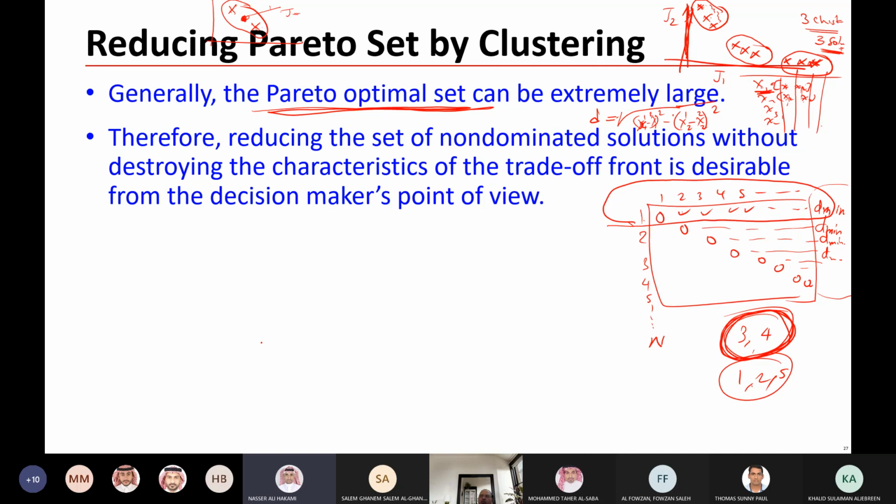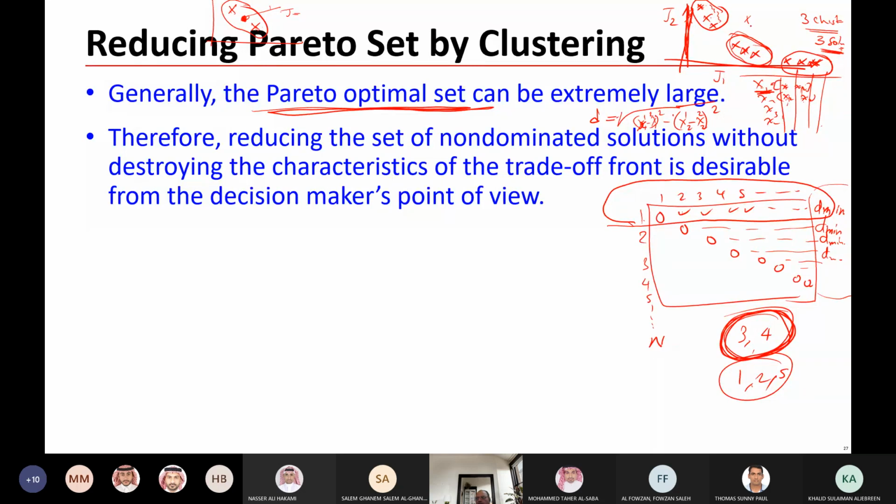Yeah, exactly. So we need to select a solution that is representative of the cluster. For example, here, definitely this is straightforward. If you have 3, the middle one will be the nearest to the average. Is it clear?